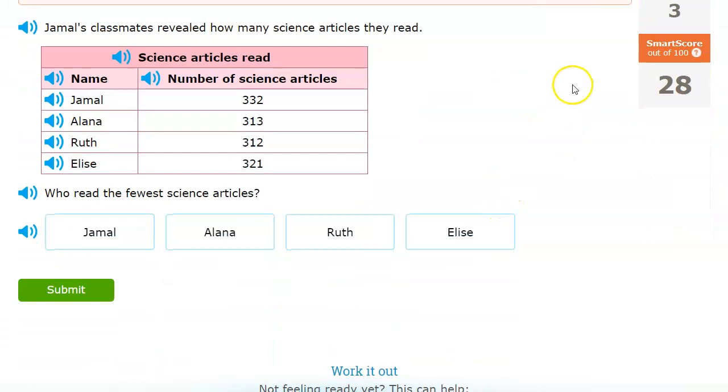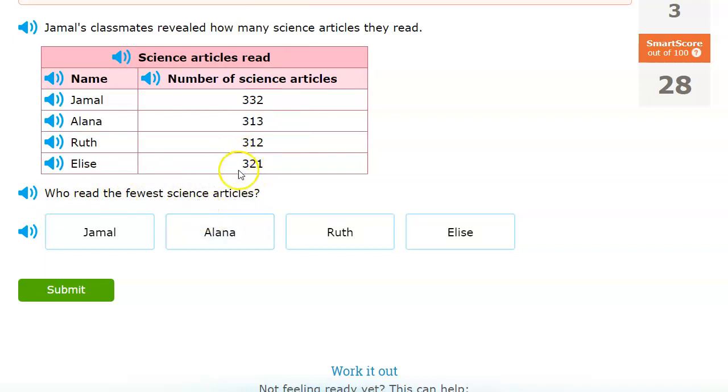All right, this is easy, so let's just do one more together. Jamal's classmates revealed how many science articles they read. Science articles read. Here's the name of the classmate, and here's how many. Who read the fewest science articles?